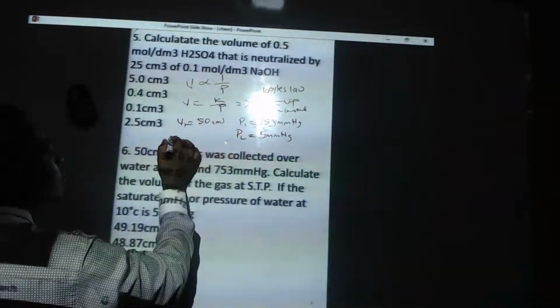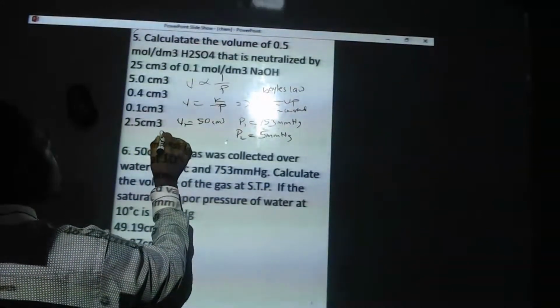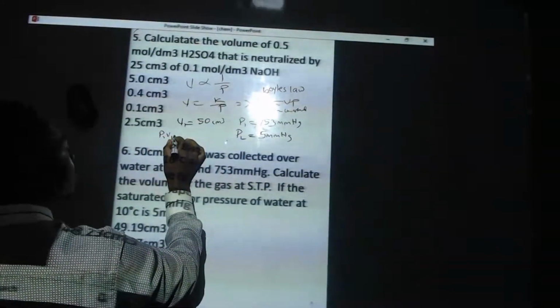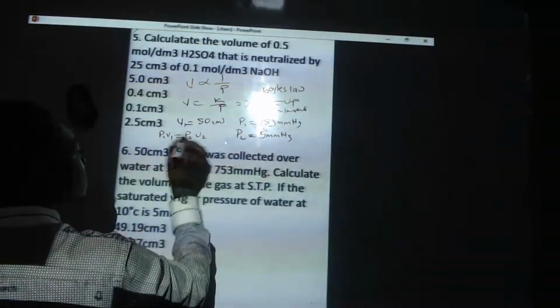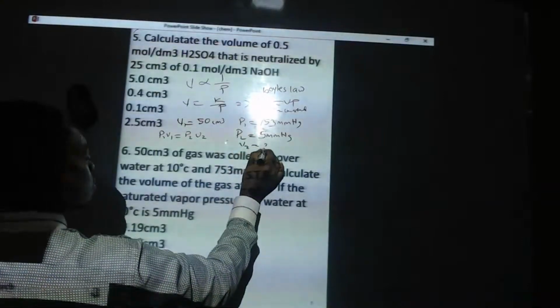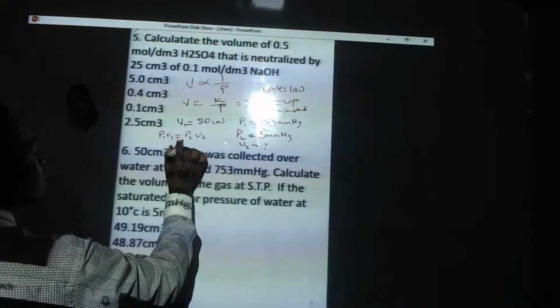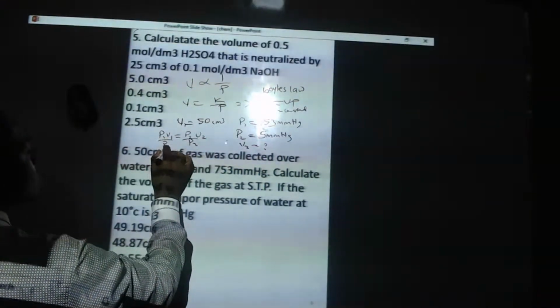So you are going to be dealing with your P1 V1 equal to P2 V2. Now we are finding our V2 because we don't know our V2 in the question. So P1 V1 equals P2 V2. In order to find your V2, you divide by P2 on both sides.